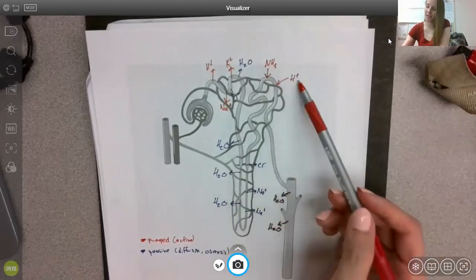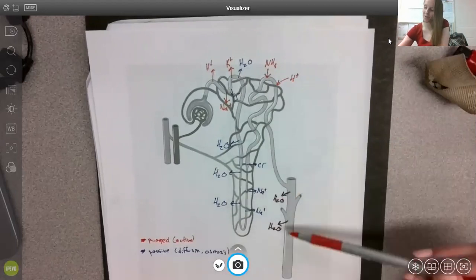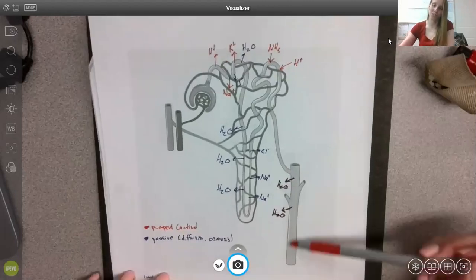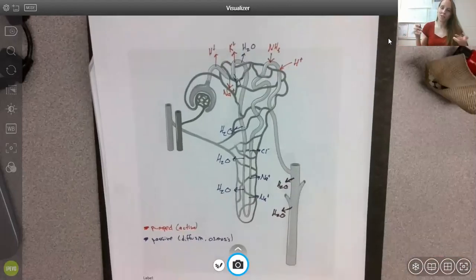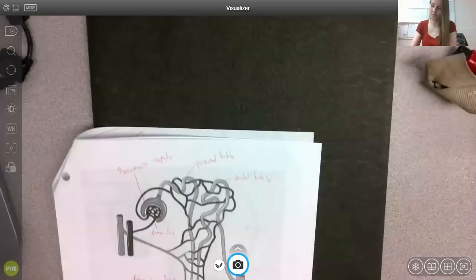In the collecting duct, water continues to leave. The collecting ducts lead to the other branches of collecting ducts in the renal pelvis, where they come together to form the ureter, which carries the urine to the bladder. Okay, so that is the nephron.